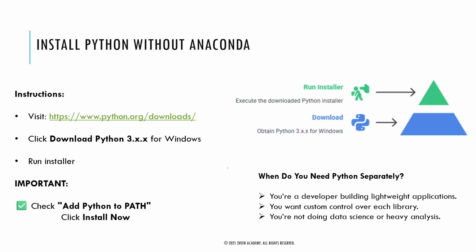Also make sure that when you are downloading Python, you always check this checkbox during installation. It is very, very important, because most of the time, if the Add Python to PATH checkbox is not checked, your IDE cannot communicate with the Python installed on your local system.